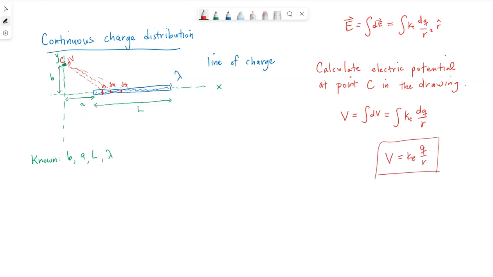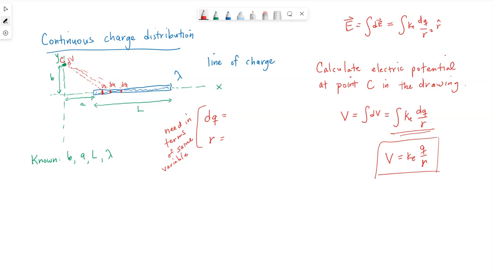So V of a point charge, electric potential of a point charge, KQ over R, and we are going to add up all of these little pieces of charge based off of a variable R. So really, since we do not have vectors here, we just need to get dq and r in terms of the same variable.